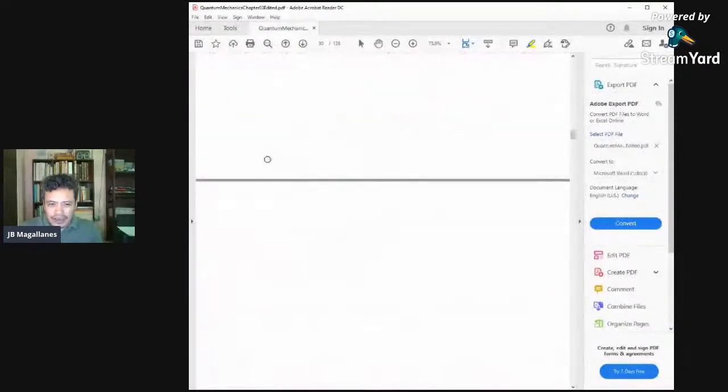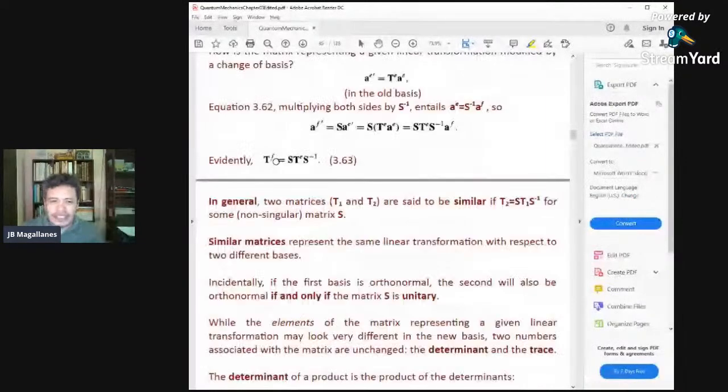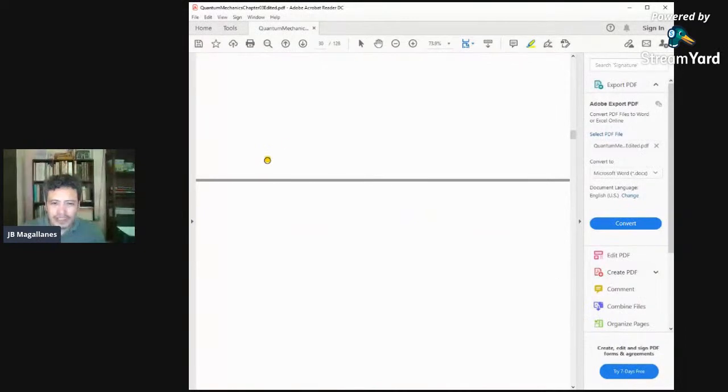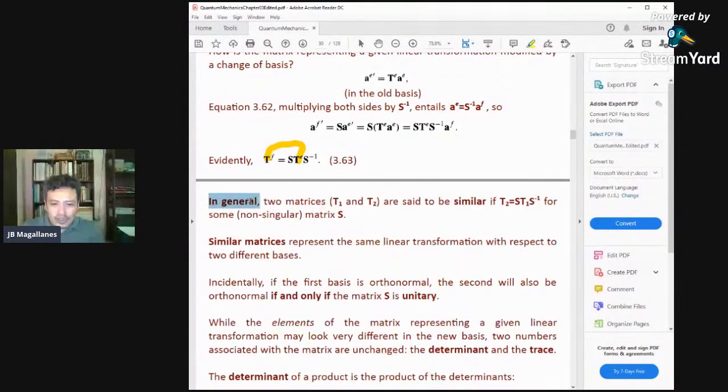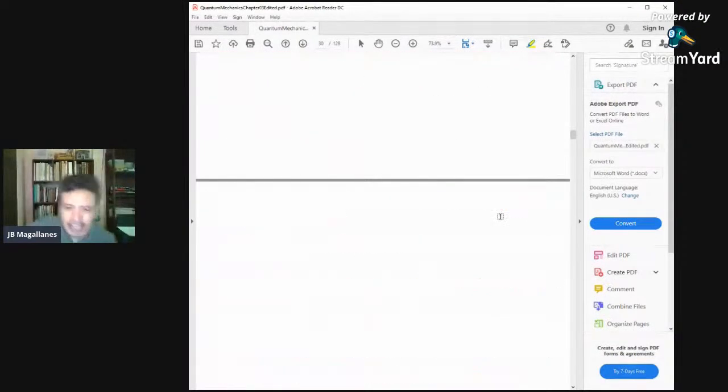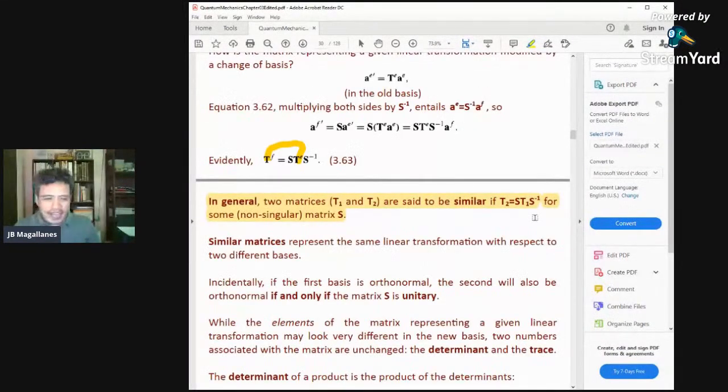The TF here is said to be similar to the TE here. In general, two matrices T1 and T2 are said to be similar if this follows this rule: for some non-singular matrix S, it can be any arbitrary matrix, for as long as you know the matrix and its inverse.